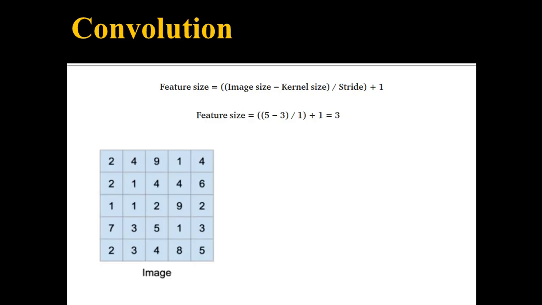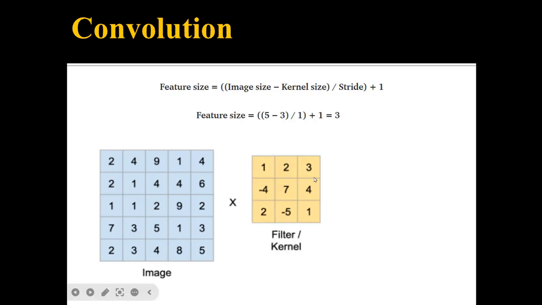Okay, so here again we are taking one image which is of size 5 cross 5, and we are multiplying it with a filter of size 3 cross 3, and we are getting this value. This is for the stride value of 2. So here the feature size is changed.